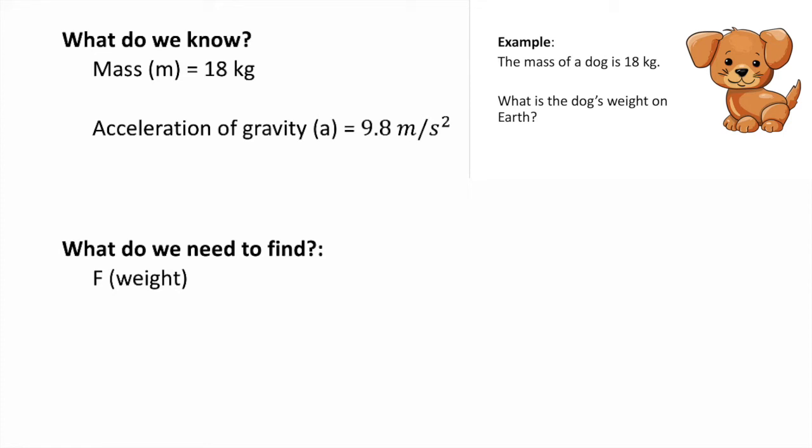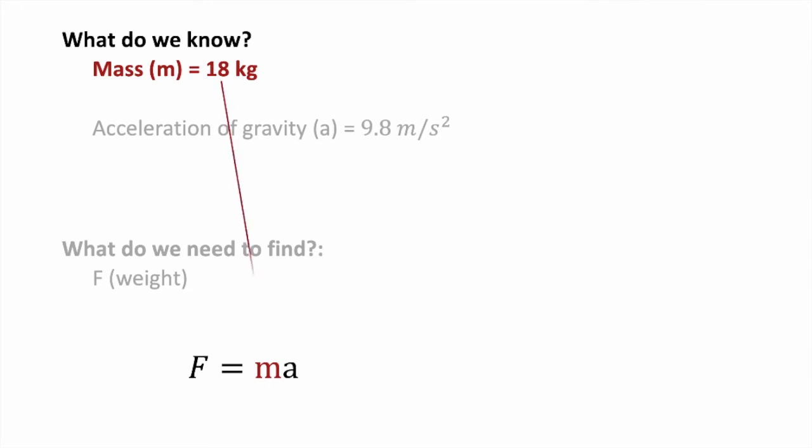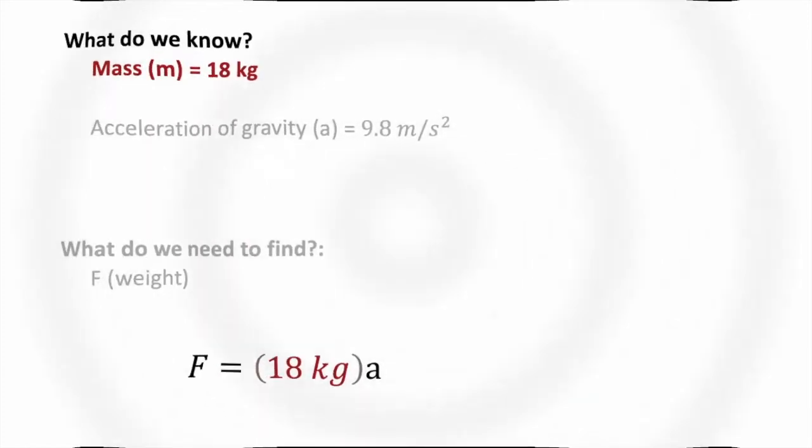Now that we have all the values, what we need to do is put them in the equation. F is what we need to find. Now we are going to take our 18 kilograms and substitute it in for the little m, which stands for mass.